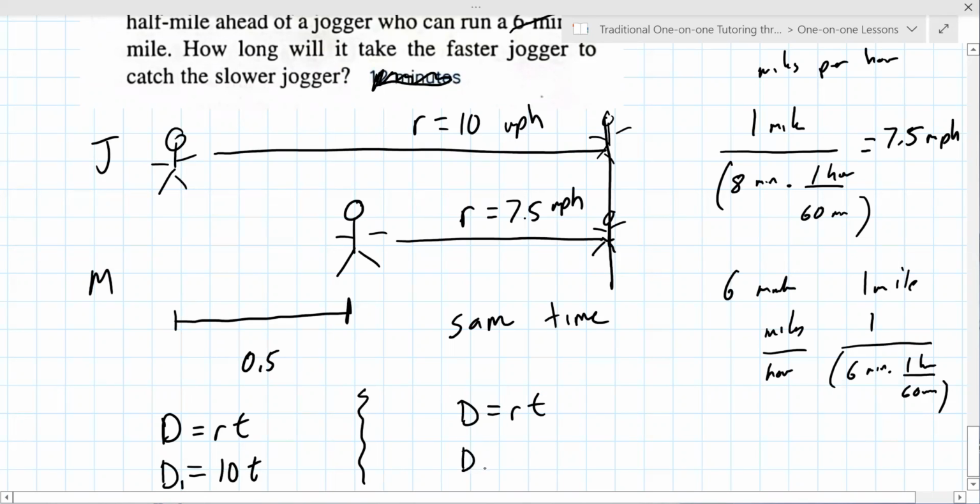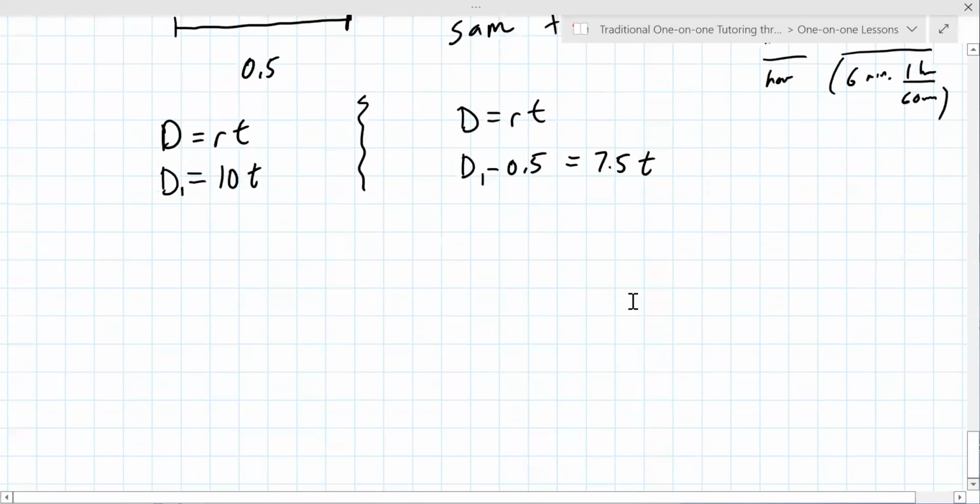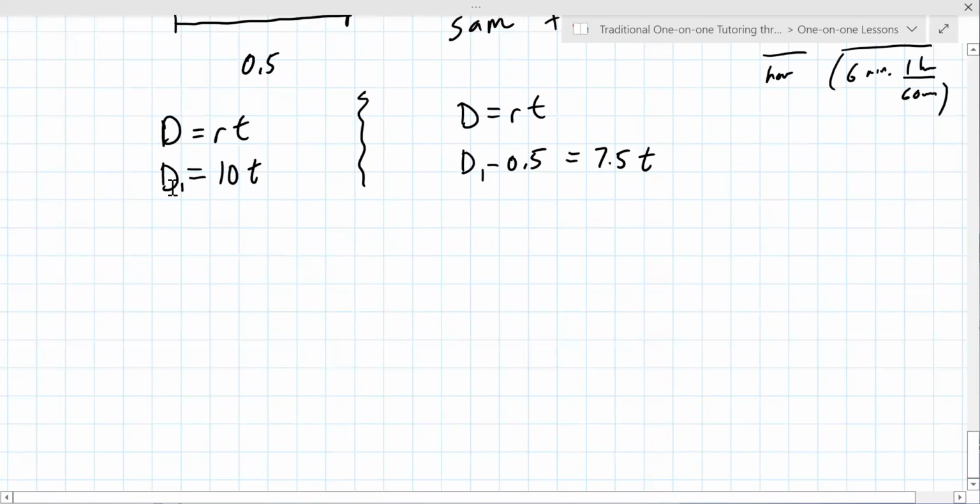Wouldn't it be D1 minus 0.5? Yes. Whatever the total distance you went, I went half a mile less. What is my rate? 7.5. And how much time? Same time, T. That's the key to this problem, because you now have two equations and two unknowns.